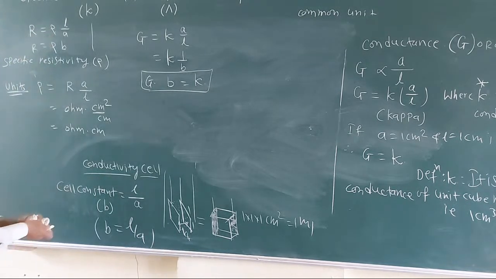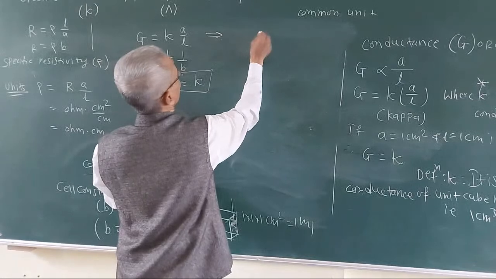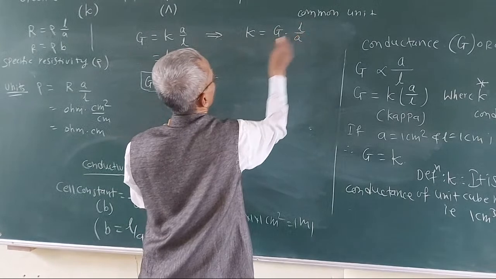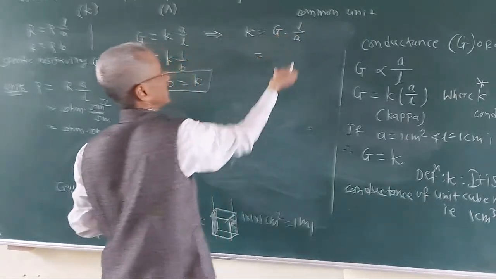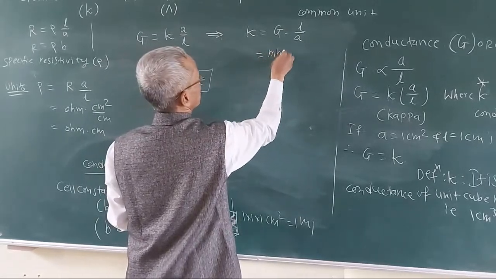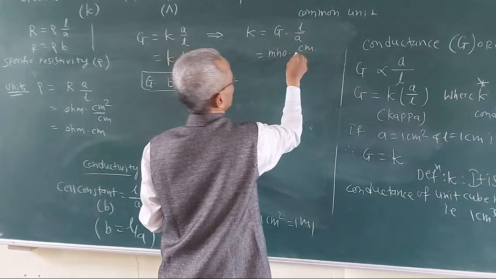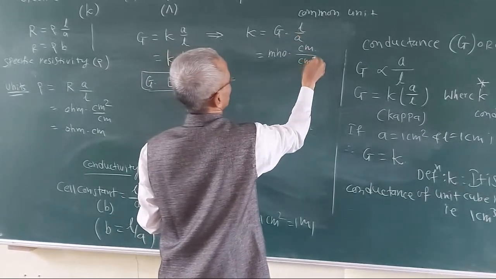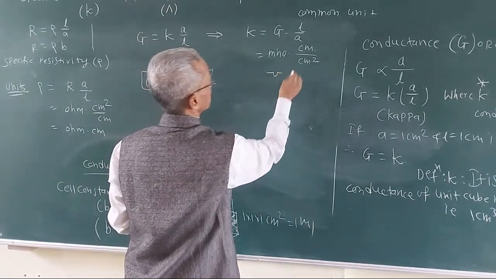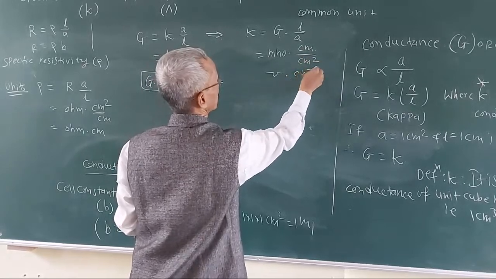Similarly, one can write K is equal to G times L upon A. G is the conductance, the opposite of resistance, in mhos, and L upon A has the unit of centimeter inverse.